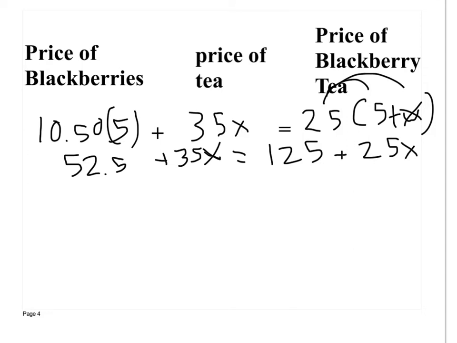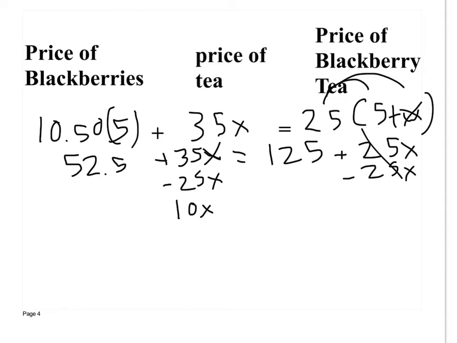Yeah. Now we have to get x on the same side. So I'm going to move the smaller one like I've been doing. I'm going to subtract 25x from both sides, because I want to keep it positive as much as possible. 35x minus 25x is 10x.